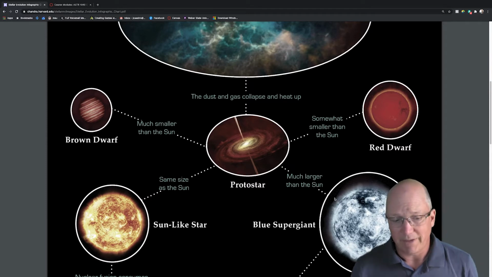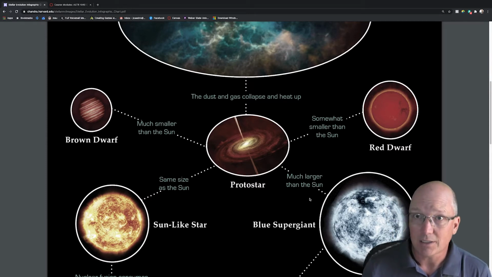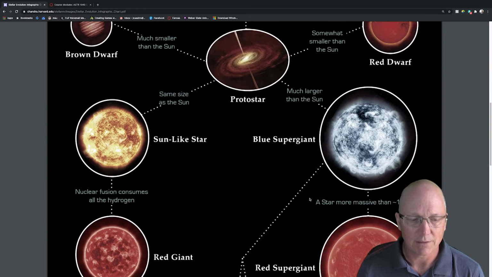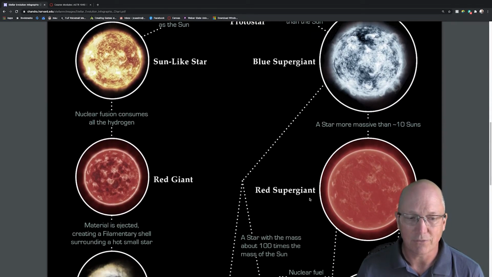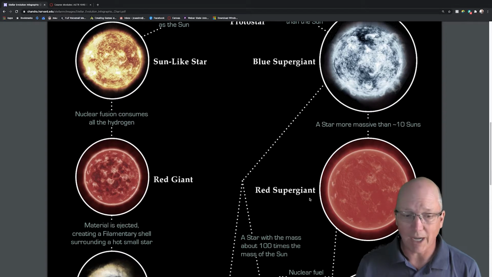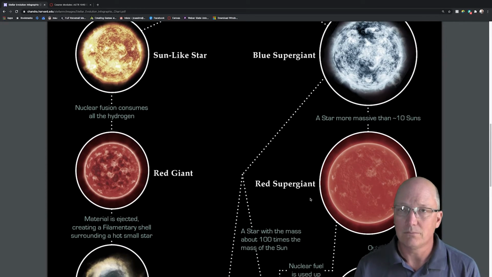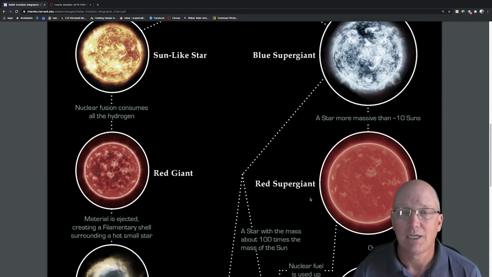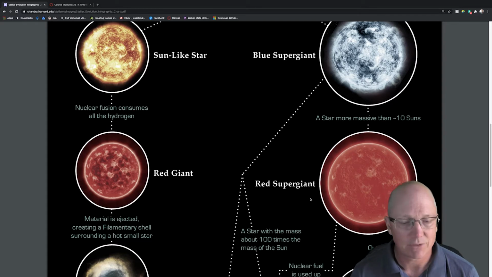So this week we're going to be focusing on what happens to sun-like stars, and that's the left-hand side of this flowchart. In sun-like stars, we have nuclear fusion, which is going to consume the hydrogen and turn it into helium, and there are some nuances about what type of process is used, but you'll be learning about that in your chapters.